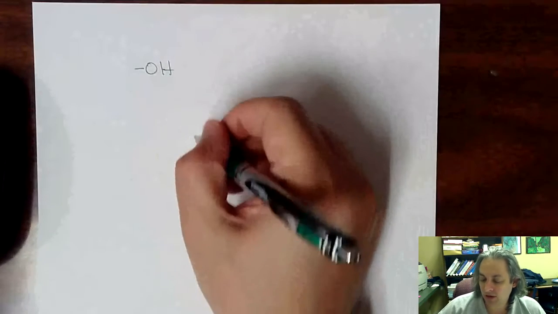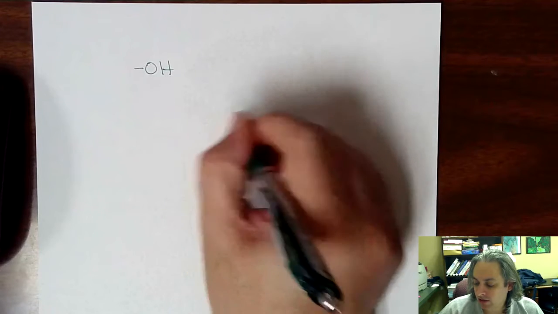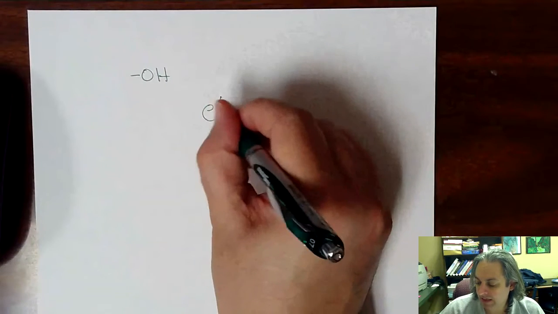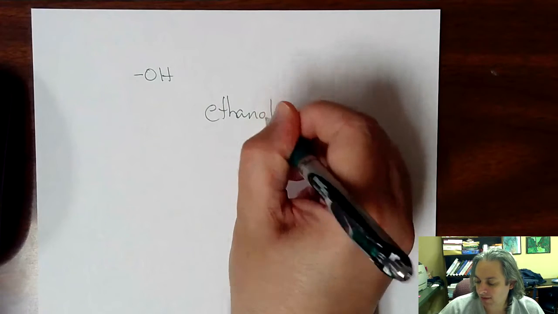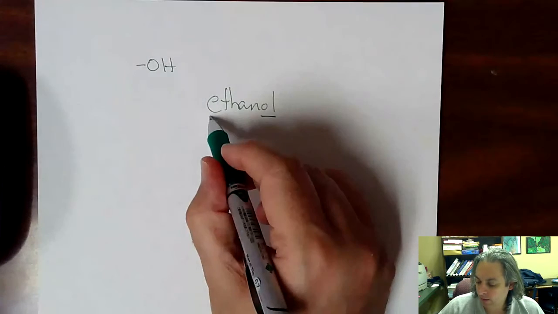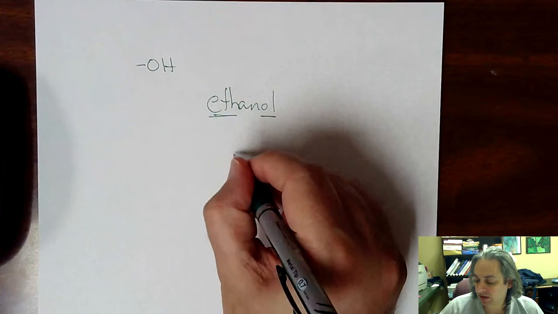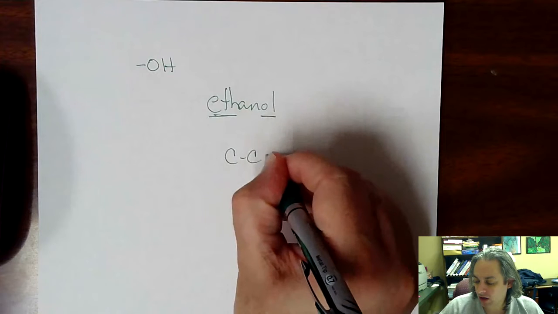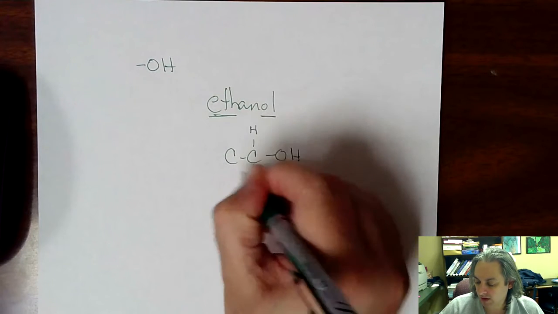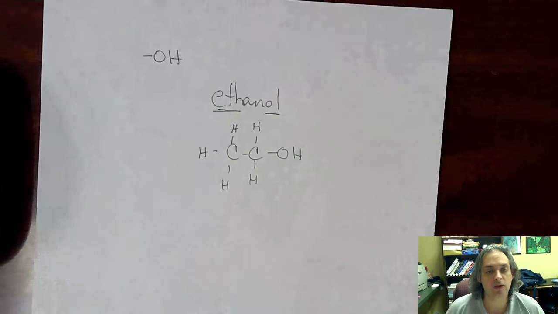For example, a very common alcohol is ethanol. All alcohols end in the suffix "ol", and the prefix "eth" stands for two carbons, so this is a two-carbon alcohol with an OH attached to it. This is what the formula for ethanol would look like.